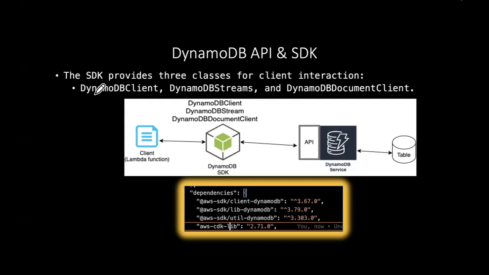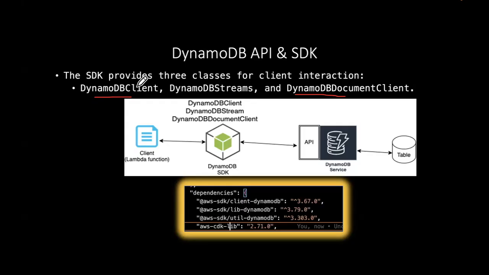The two that are important to us are this one and this one. It turns out that this is kind of the native client, the low-level client. This is a slightly more high-level and also easier to use client, although if we looked at the internals of this client's code, it actually uses this internally.